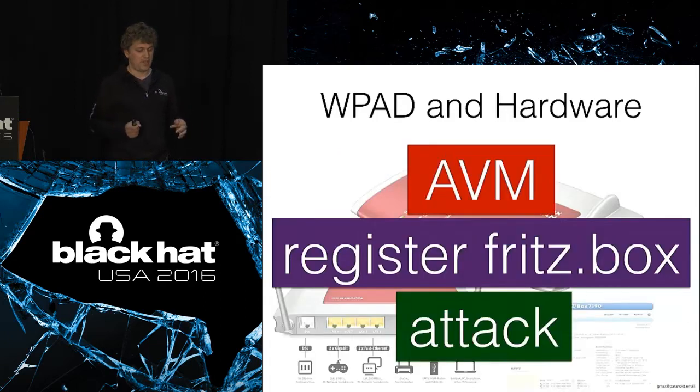So in case you can own a domain name like fritz.box, you can attack. But the .box TLD will go live, I think, at the end of this year. So I went to some registrars and reserved the domain name fritz.box, just to be sure that nobody else can do that.